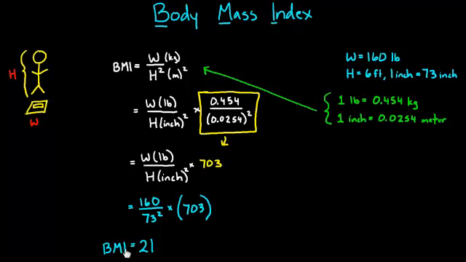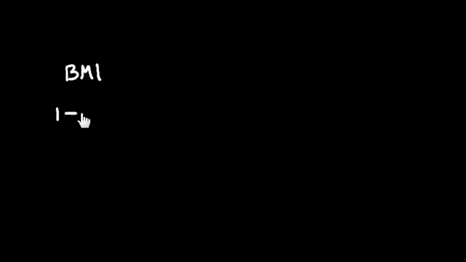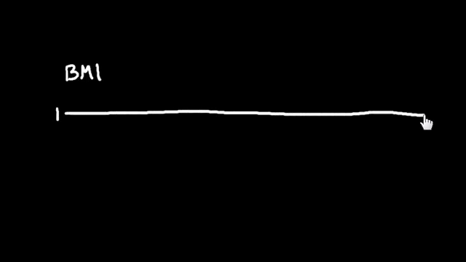Wonderful. The next question is, well, what does that mean? If I have a BMI of 21, is that normal, or is that good, or how should I feel about that? So if you put a scale out here, starting with 0 to, let's say, 30, and I have 25 here, and let's say this is about 18.5. What physicians have done is basically divide up the BMI into categories.